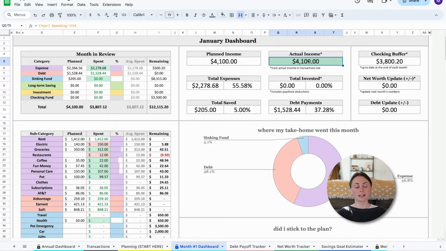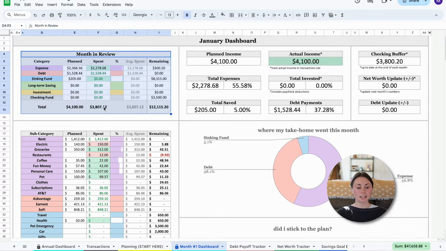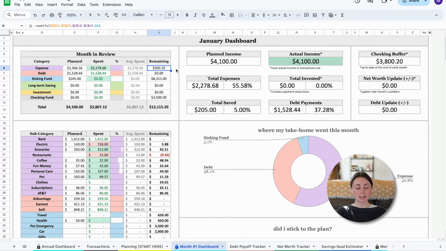The next thing I'll look at is my month in review and see where I'm at remaining. My expenses, it looks like I'm in the green. I didn't spend more than I planned. My debt is zero, which is good. We want to make sure that that gets to zero. Sinking funds, I saved $205 and I actually didn't spend anything. I know that this remaining section of my sinking funds is the amount of money I should have in my sinking fund account.